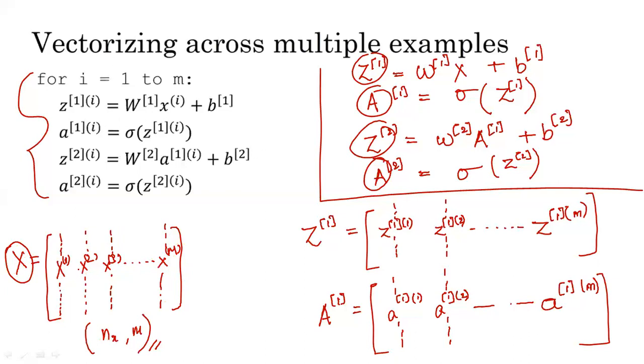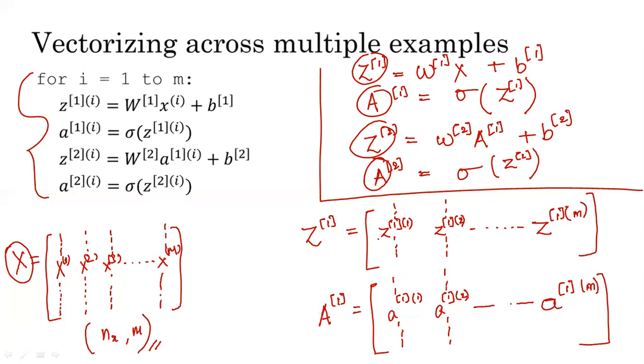So you need to understand how we are going from small x's to the capital X. And if you have this logic, then you can easily get how we are moving from these small z's to this capital Z, and how we are moving from these small a's to capital A. We had the training examples as x1, x2, x3 that goes on till xm.